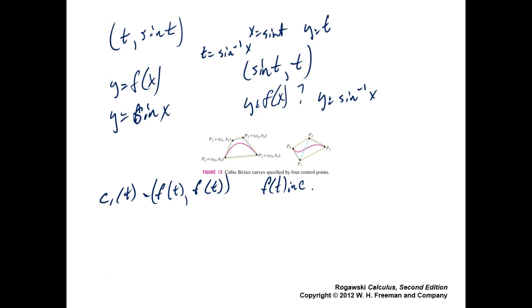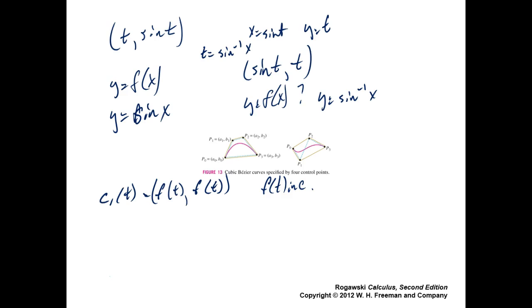It could start up here and go up, or it could start down here and go up. The increasing function is always going to be going in that direction. That's my interpretation. Let's see what the book gives. The line y is equal to x traversed from left to right. So wherever you started, wherever you ended. We don't know where the t's began or ended.